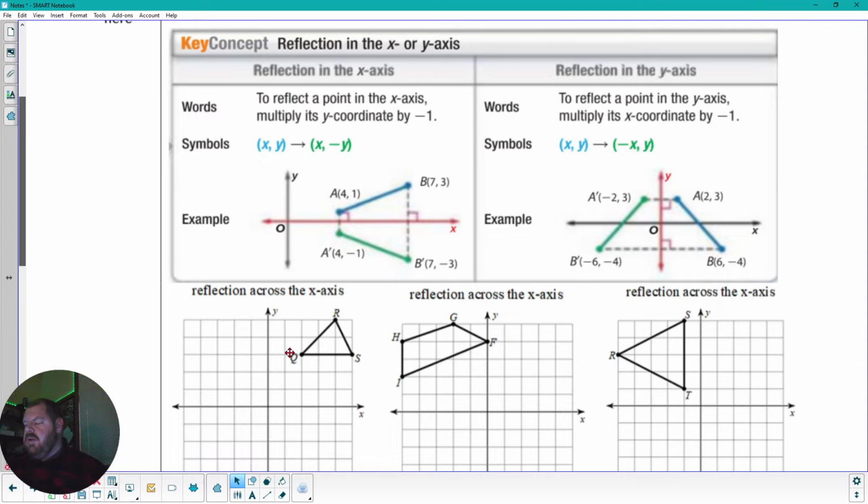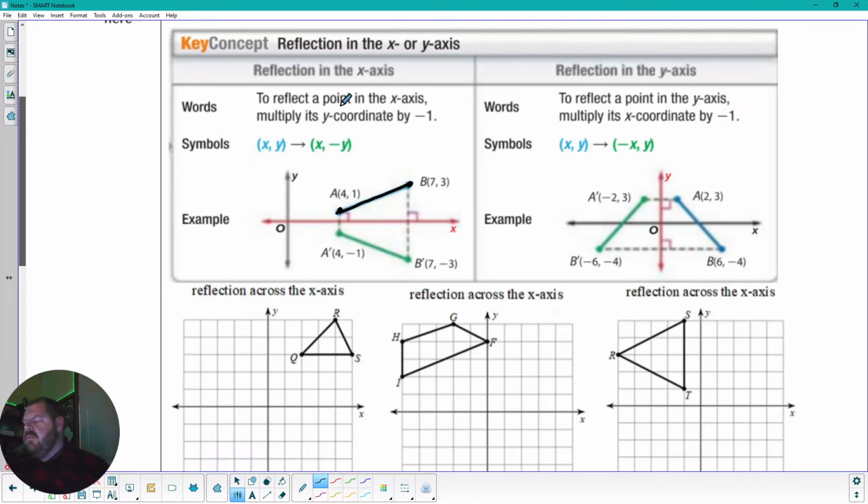Essentially, what I want to think about is taking anything, and for these examples we have a line segment that has endpoints. It looks like 4, 1 and 7, 3. If I want to reflect that across the x-axis, or you'll often see it written as a reflection in the x-axis, I probably think about it as flipping over the x-axis.